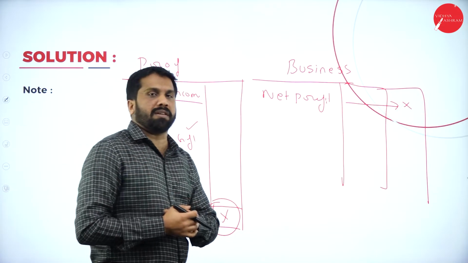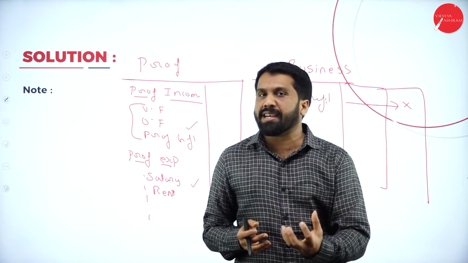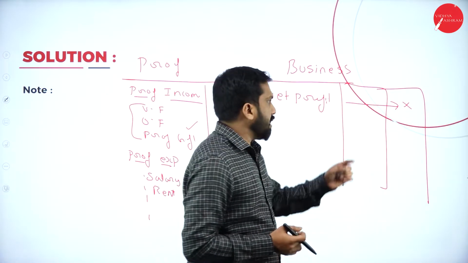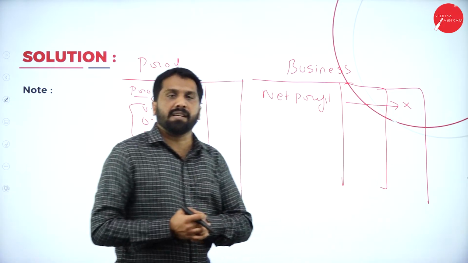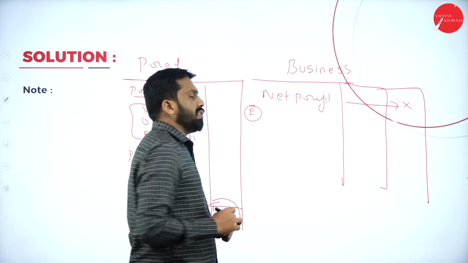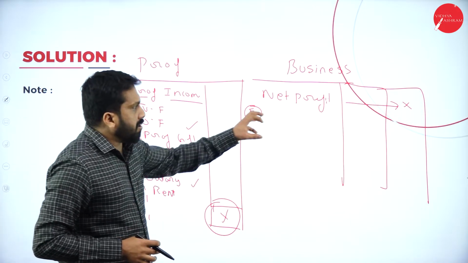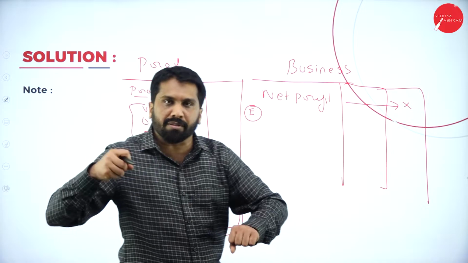In the question paper itself, they will give you the profit and loss. We take that net profit and write it down. In that, we have to take out expenditure which is not related to business. If it is already included, we have to take it out.